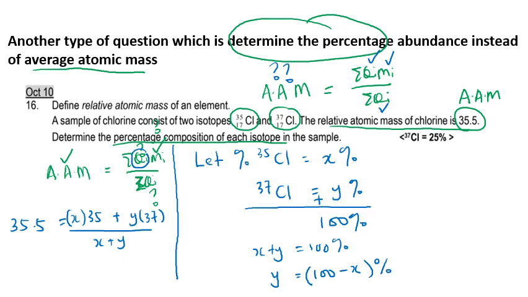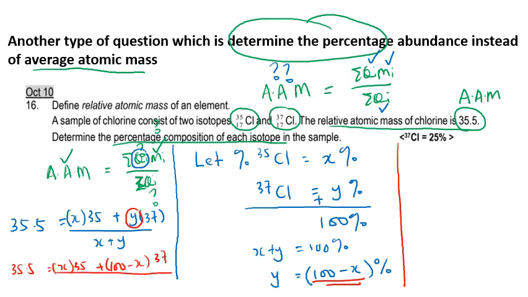Now we are able to answer the question. 35.5 stays, X stays multiplied by 35, plus 100 minus X multiplied by 37, divided by X plus Y, which is 100 minus X. Now we only have one unknown, the X. So it is possible for us to determine the value of X, and after that we are able to determine the value of Y.